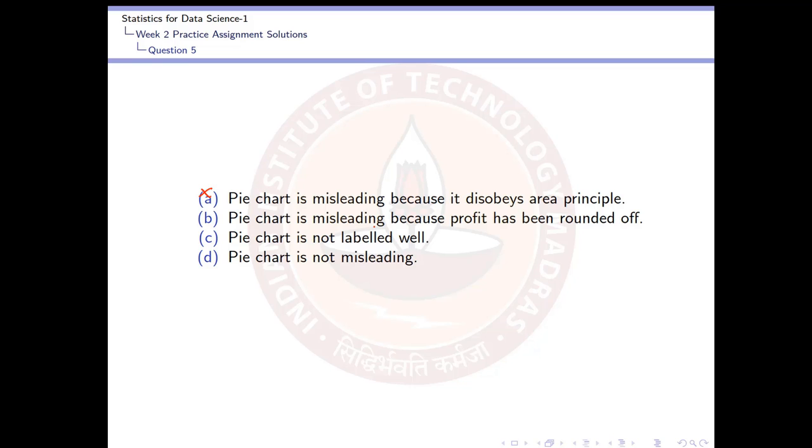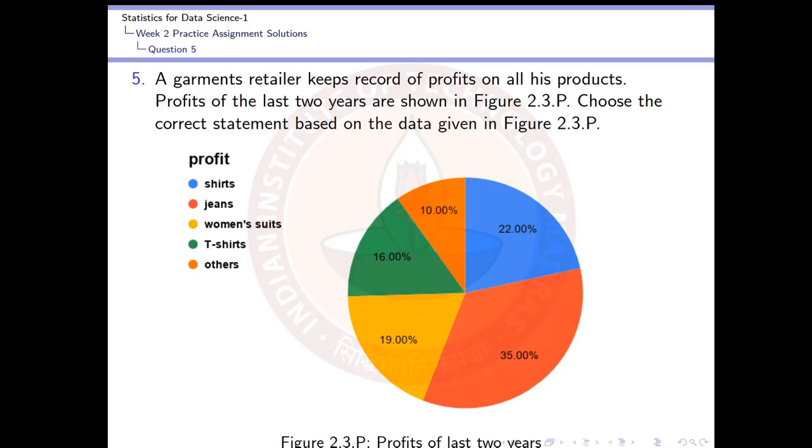Pie chart is misleading because profit has been rounded off. If the data has been rounded off, the sum of the frequencies may not equal 100%. So let's check the sum of these frequencies. We can say 10 plus 22%, 35%, 19%, 16%, and the sum of these frequencies will be 102%.